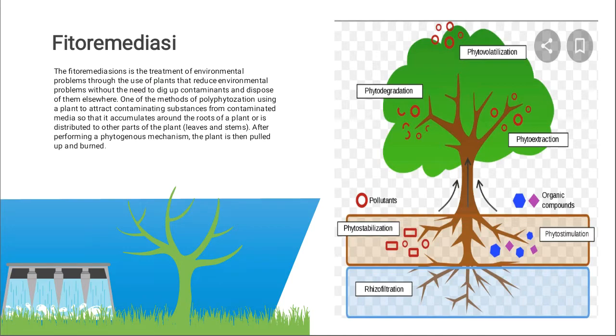One of the methods is phytoextraction, using a plant to attract contaminating substances from contaminated media, so that they accumulate around the roots of the plant or are distributed to other parts of the plant, like leaves and stems.